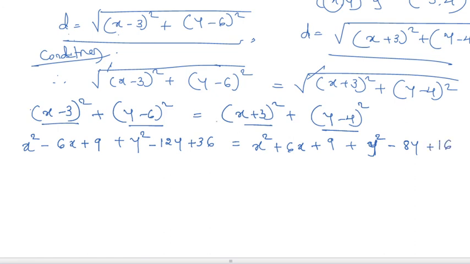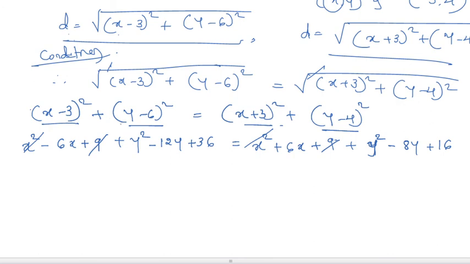Now similar terms get cancelled here. This x squared gets cancelled, then this plus 9 gets cancelled.